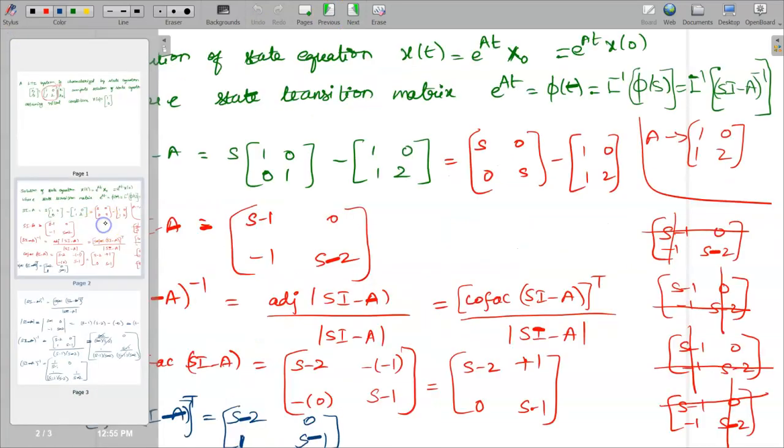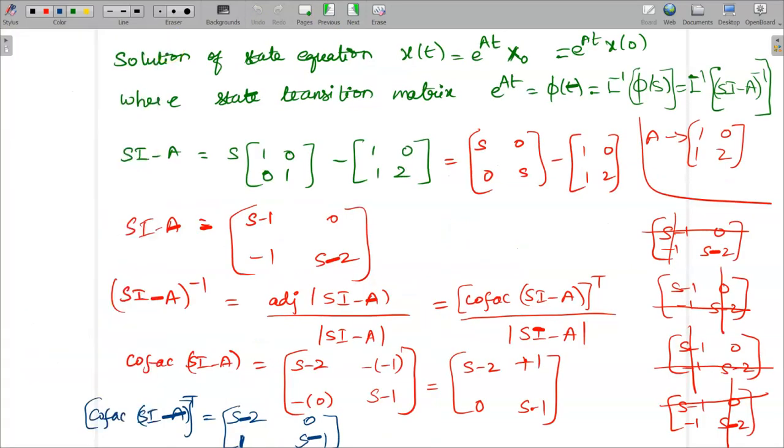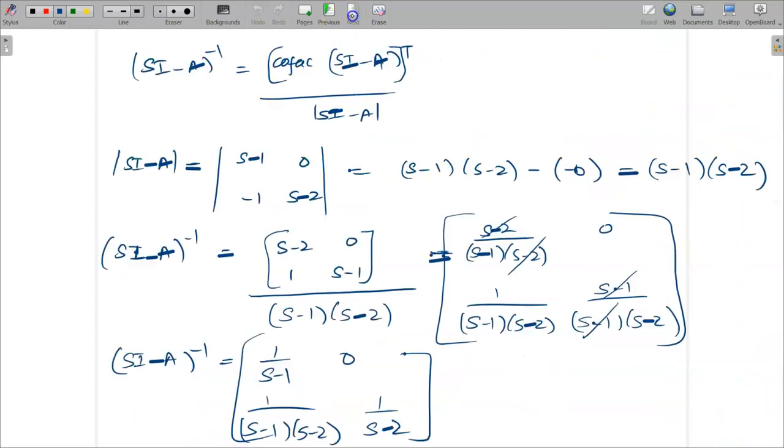So actually what is your formula? We need to find out e power At. What is e power At? It is L inverse of (sI - A) inverse. So I need to find out the Laplace inverse of this term. Anyway, Laplace inverse of 1 by (s - 1) is nothing but e power t. But for this term I have to apply the partial fraction.